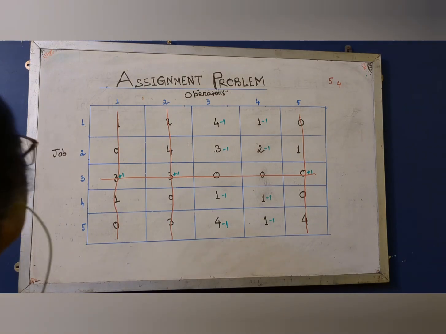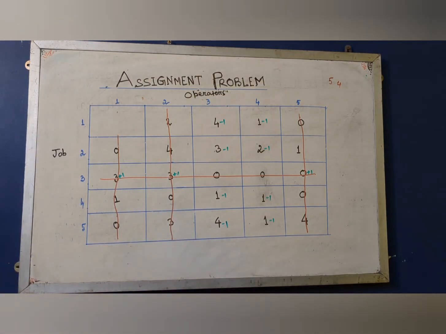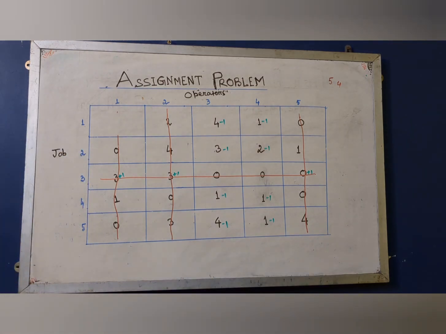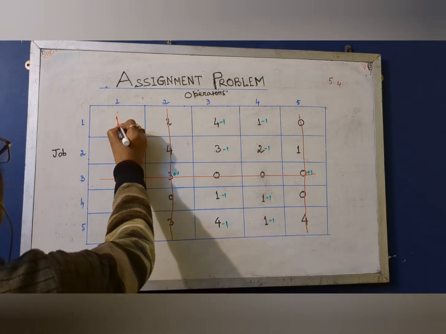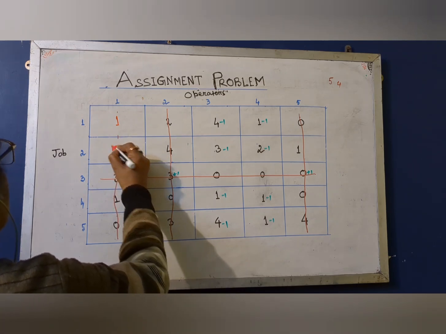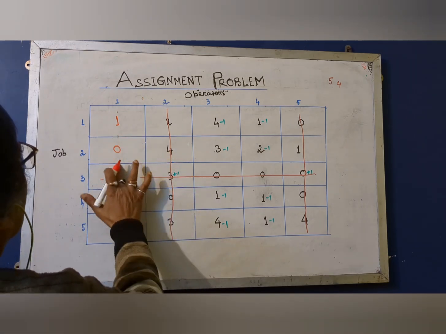In this way, how will it be? This will be 1. It is better to note down with a red pen. This is 1, and it will remain the same. That's why it will be 0, and it will be 4. 3 plus 1 will be 4.